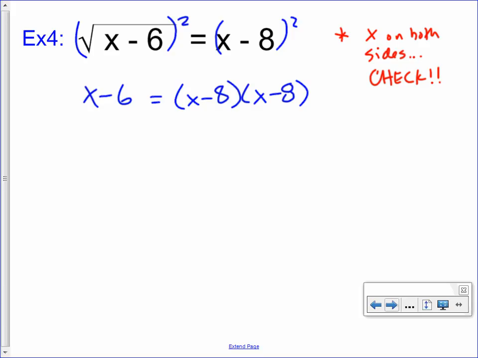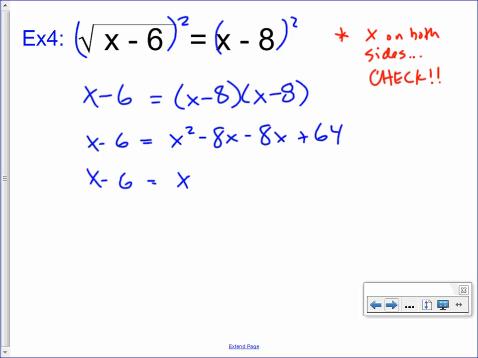X minus 6 equals x squared minus 8x minus 8x plus 64. So x minus 6 equals x squared minus 16x plus 64. And if you knew your perfect squares, you could have just got to that point.